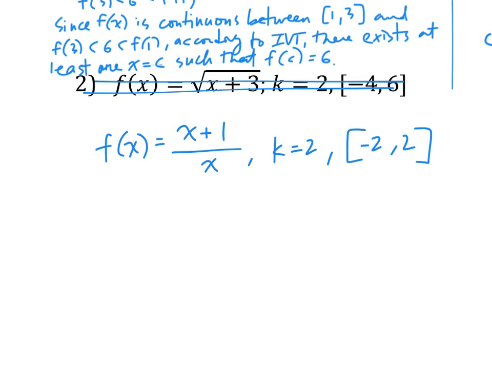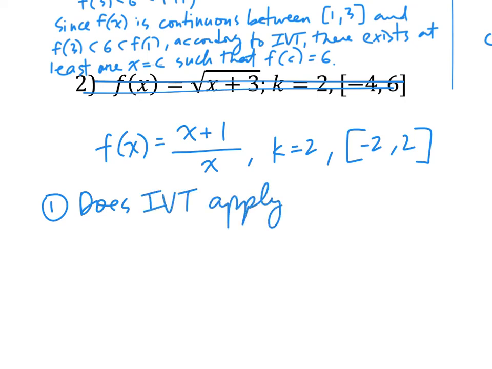So the question is, first, does IVT apply? If it applies, then write that conclusion. If it doesn't apply, then write why. And then the second is, if it does apply, then what is C? All right, go ahead and pause the video and try to solve this problem.